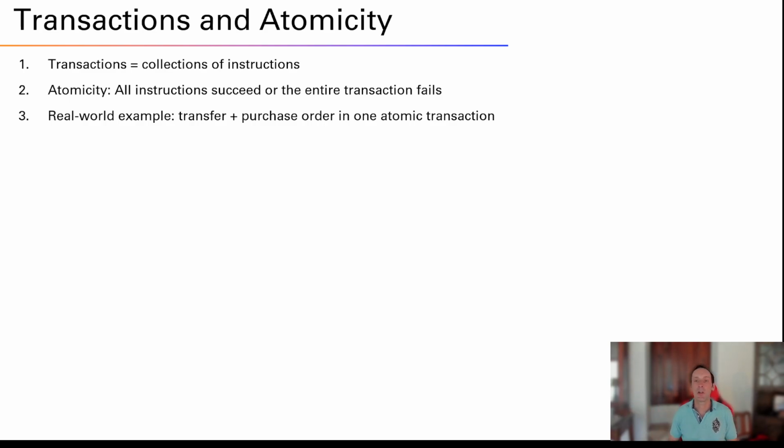And then you have another instruction that actually calls your Solana program, and the whole goal of that instruction is to create a PDA account, as we discussed earlier, where it stores the metadata associated with the purchase order. Because the transaction is atomic, if the purchase order was created, you know with 100% certainty that the Solana transfer also happened, and therefore the two things go together and are recorded in the blockchain.